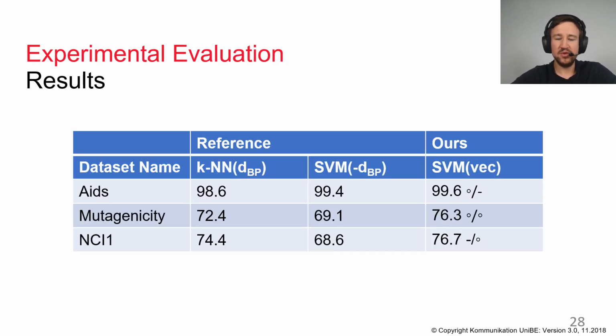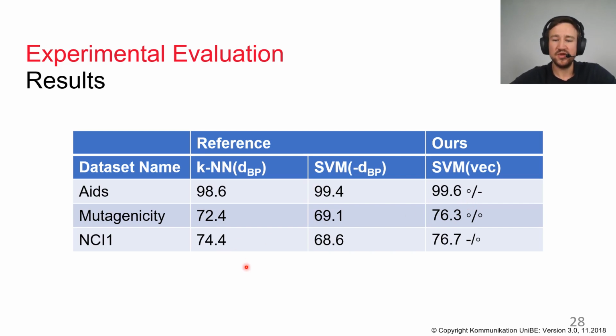Here on this table you can see the results. The circle here always indicates statistical significance of the improvement. You can see here the baseline for AIDS for the KNN is 89.6%, and for the SVM it is 99.4%, and our approach was 99.6%, which is better than both cases, however only statistically significant compared to KNN.